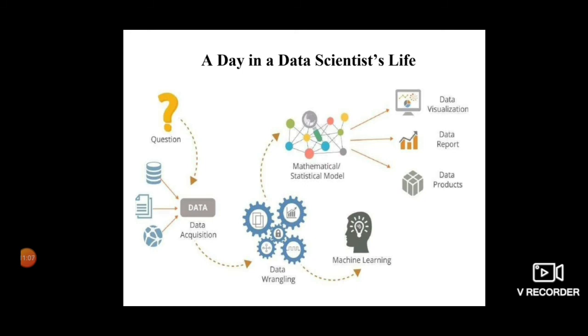Then you can see in the diagram a day in a data scientist's life. The data scientist has to perform different activities in a day.